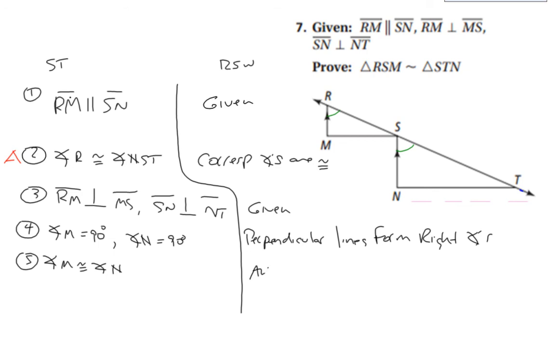Because all 90-degree angles are congruent, or all right angles are congruent, either way. Well, that's nice because there is our second angle. Our sixth and final statement is going to be, therefore, I know that triangle RSM is similar to triangle STN, exactly what I was asked to prove. Why? Because of the angle-angle similarity postulate. And there you have it.